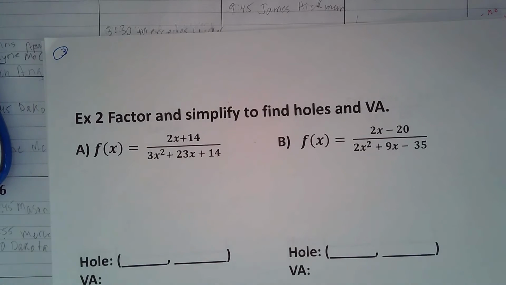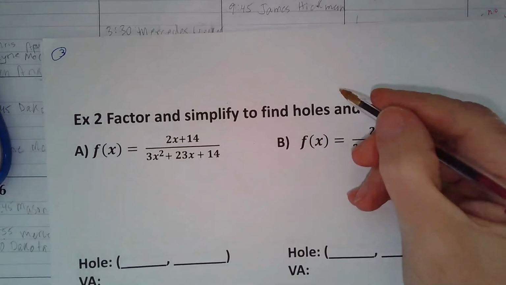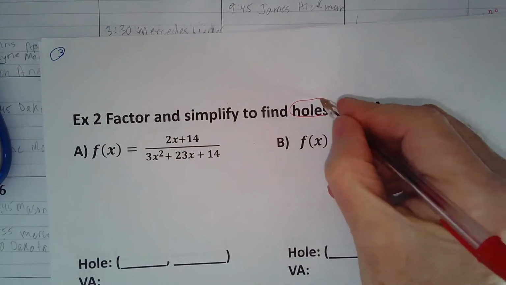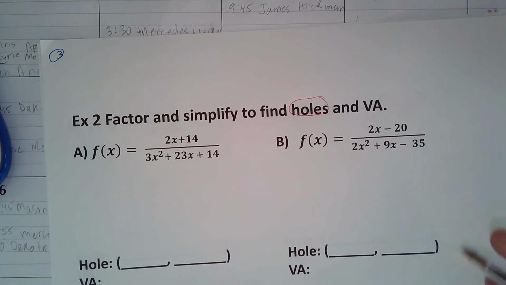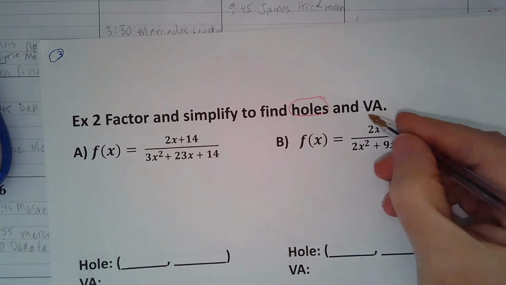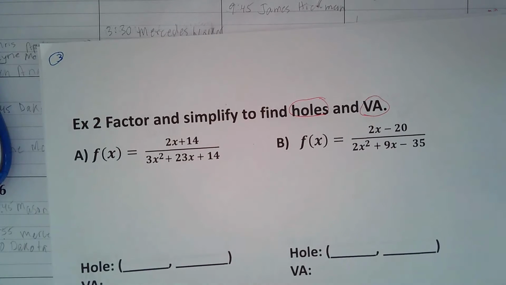All right, so now they want us to factor and simplify to find holes and vertical asymptotes. Okay, and so we already looked at vertical asymptotes to some degree in our previous problem, well, actually we didn't. We just looked at the y-intercepts and the x-intercepts.